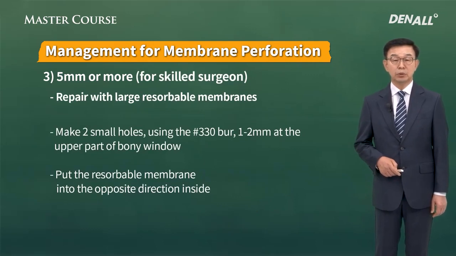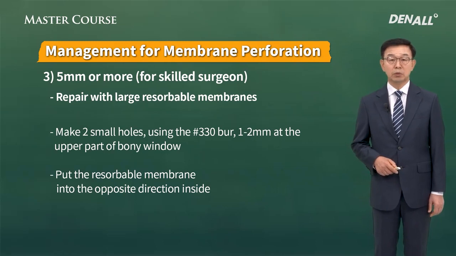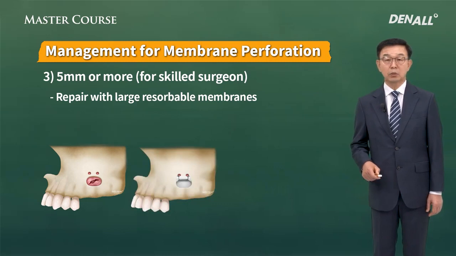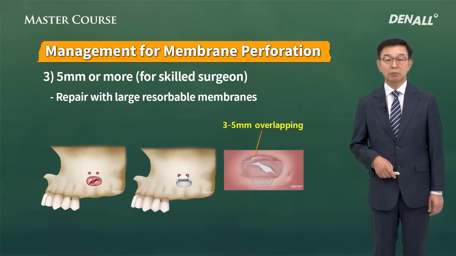In the case if it is beyond 5 millimeter, fixing the resorbable membrane is very important. At times, you can create a hole like this superior to the problematic area and do fixation using suture or pin.